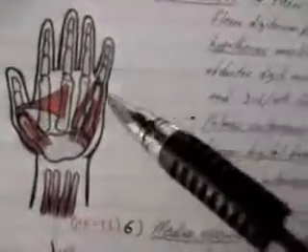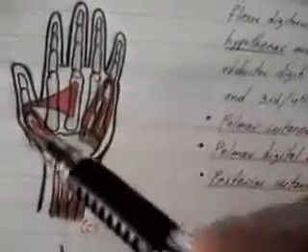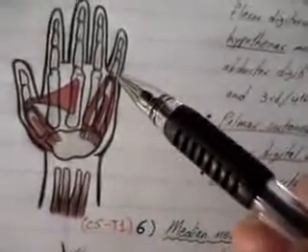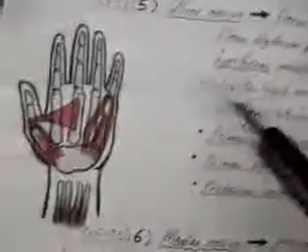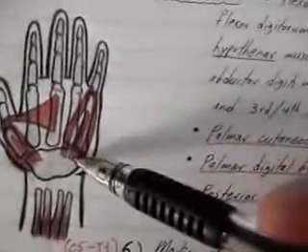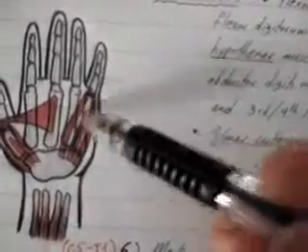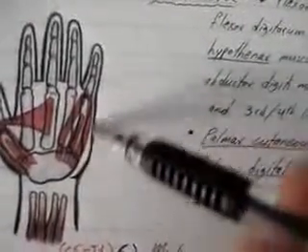Within the hand, we know that there are 2 groups of muscles, the thenar muscles and the hypothenar muscles. The ulnar nerve innervates the hypothenar muscles, which are the opponens digiti minimi, flexor digiti minimi brevis, abductor digiti minimi brevis. Okay?